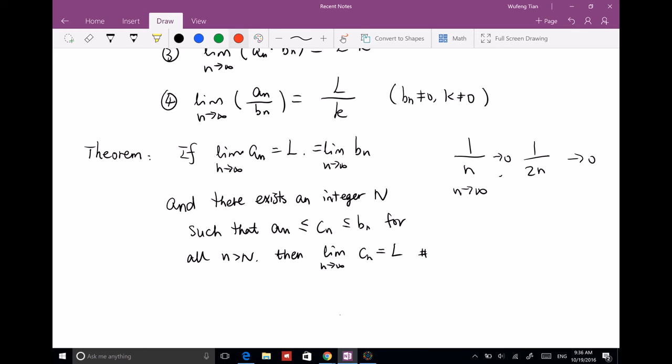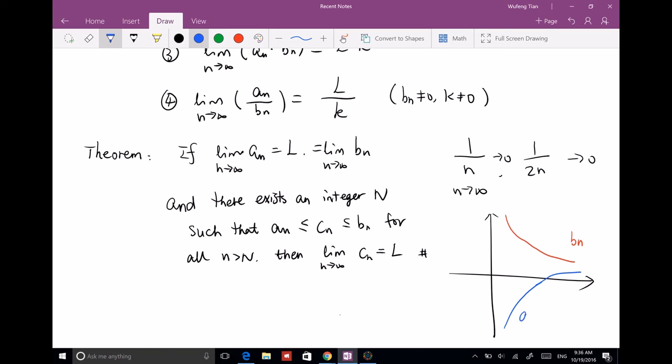If I can draw a picture. It says an is less than bn. So for example, this is bn. Now I have an is less than bn. So n goes to infinity still.